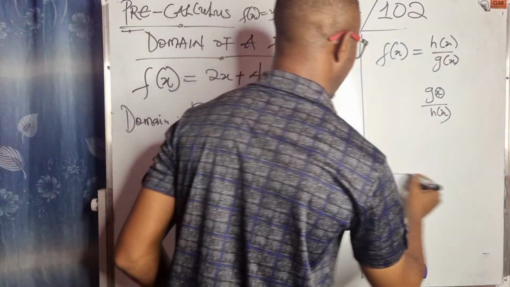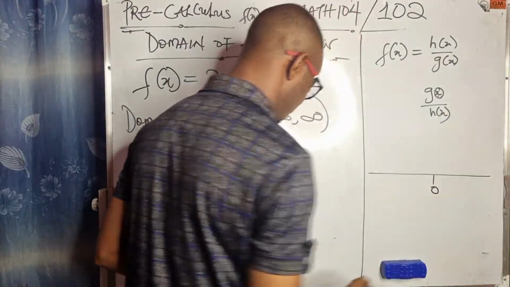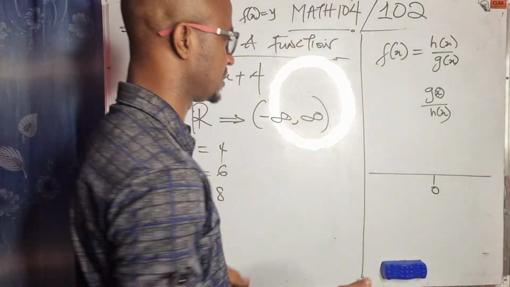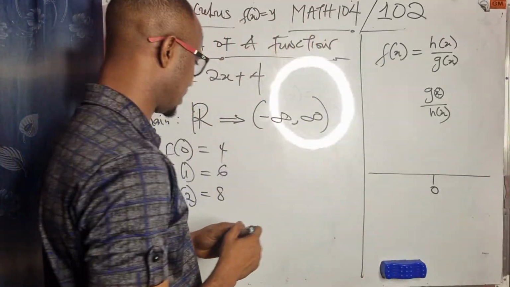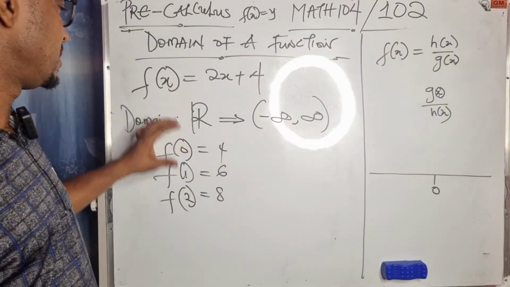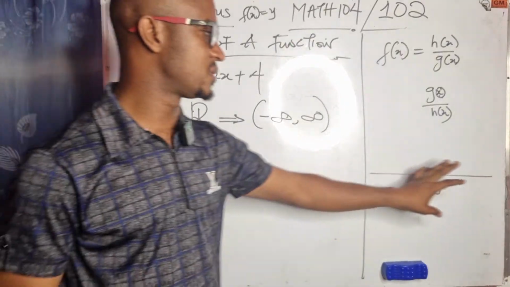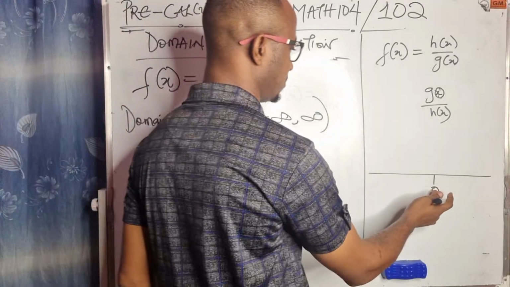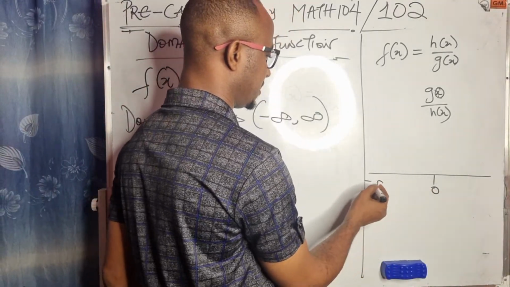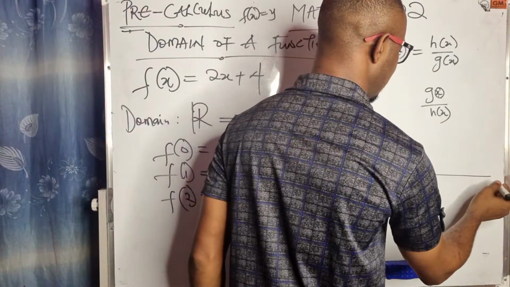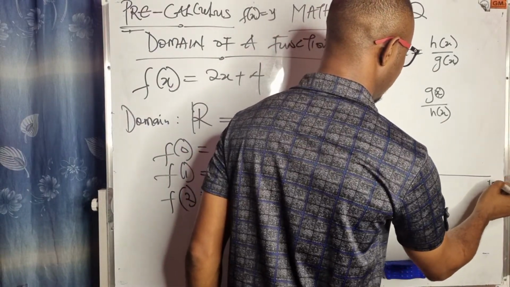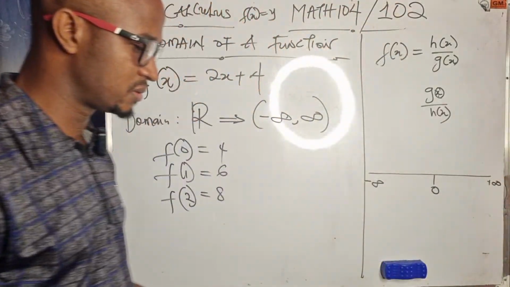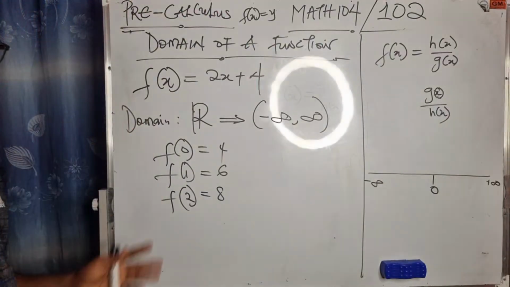So if you look at your number line, the center number is 0, right? So for us to define our domain, I have to use a number line to explain it. The number line shows numbers from 0 to negative infinity, right? And to what? Positive infinity. In fact, the number line shows all real numbers.